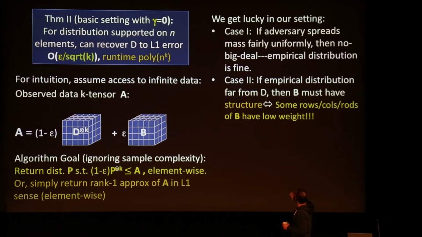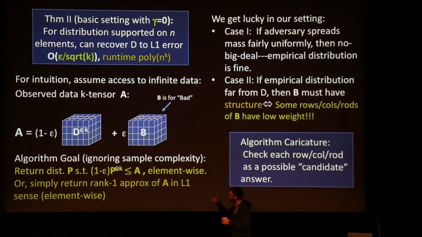The other case is where B is far from uniform. In some sense, it must have some structure. But in that case, it actually turns out that the fact that B has some concentrated stuff somewhere means that some of its rows or columns or rods must actually be very, very lightweight. So the algorithm is basically the following.